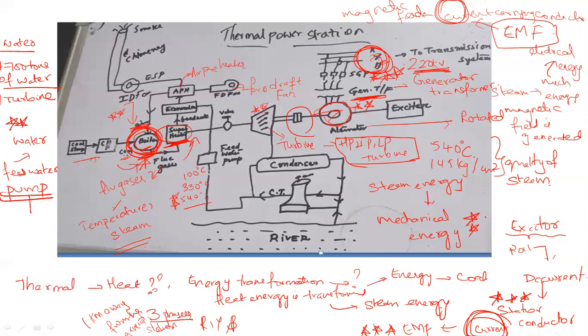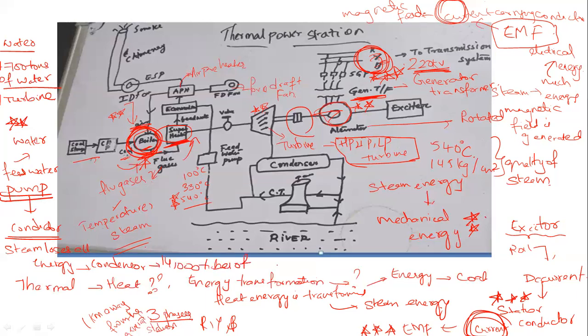So what is the condenser? When the steam loses all its energy, it is dumped into the condenser, where around 14,000 tubes of 1 mm radius will be placed. It is a huge body wherein water will be flowing from the outside within the tubes.